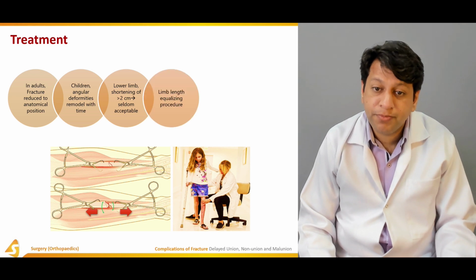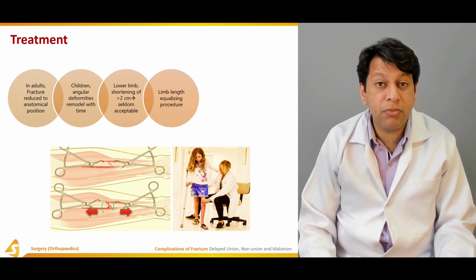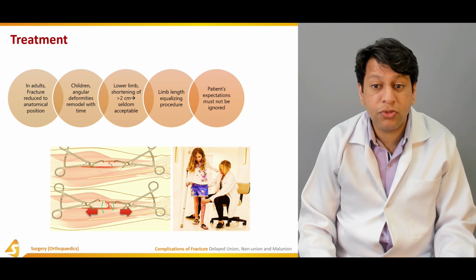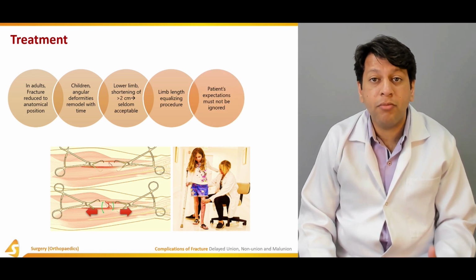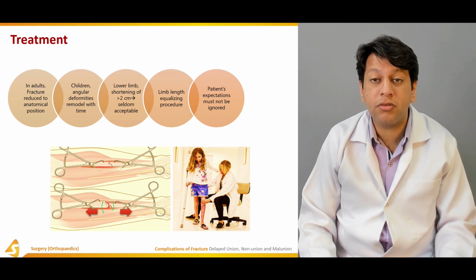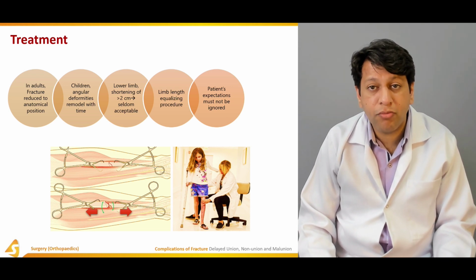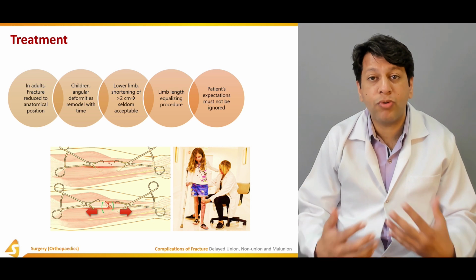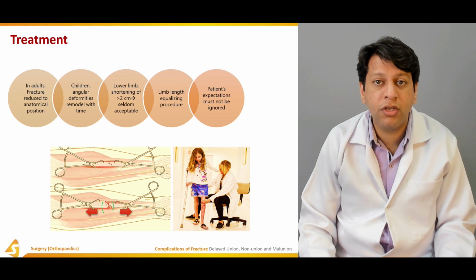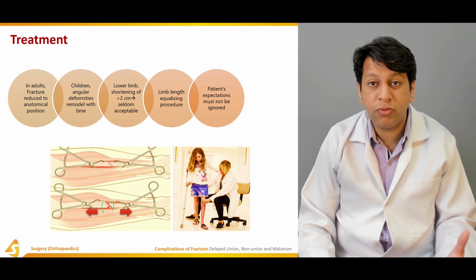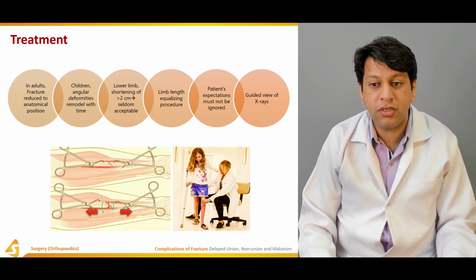That may need limb equalizing procedures. And when we are dealing with LLD, the patient's expectations must not be ignored. We need to make sure that the patient is on board for whatever the treatment, because sometimes that treatment may take up to years, maybe more than one surgery, and maybe 2 to 3 surgeries at times.